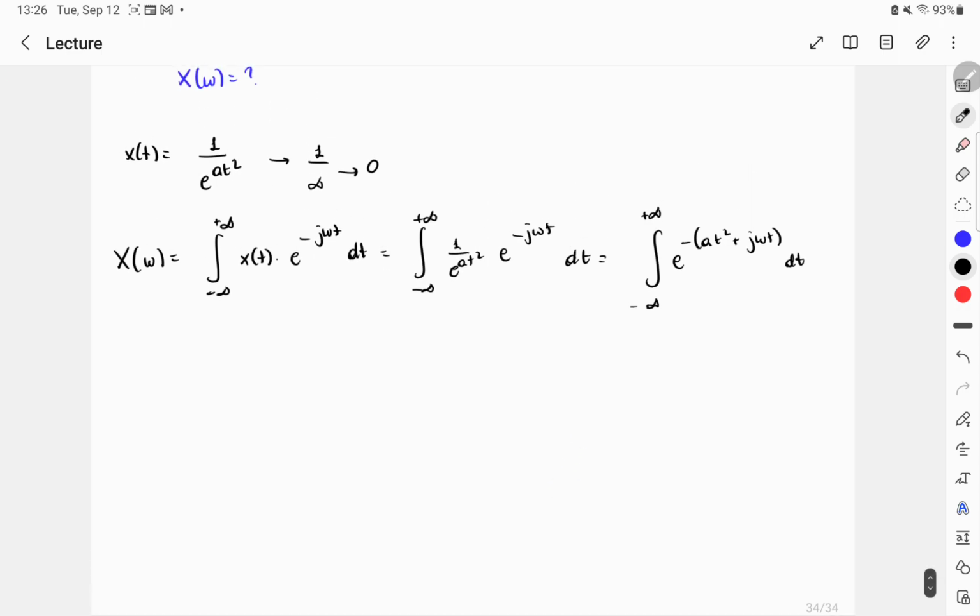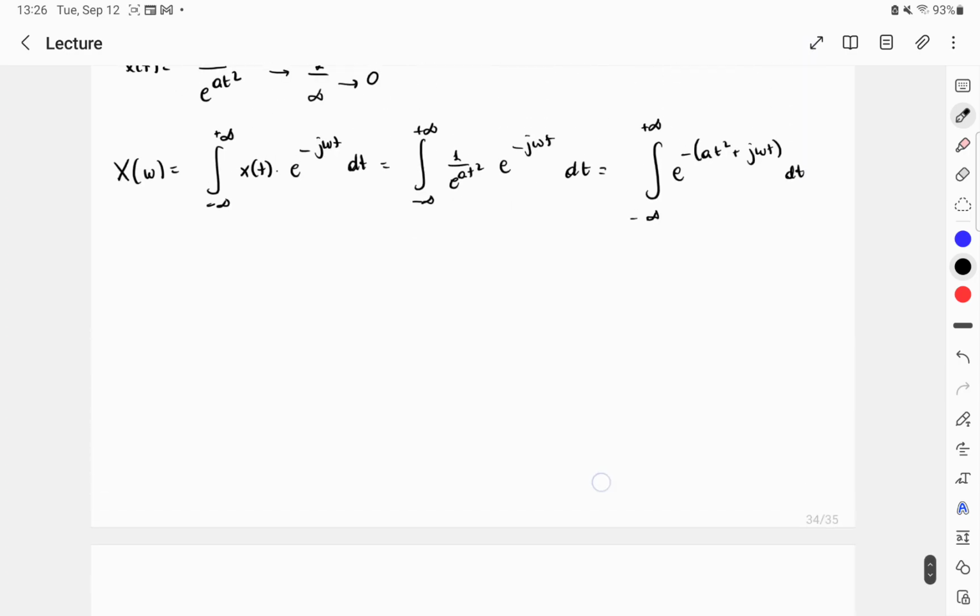So how are we going to solve this? Now let me remind you of an integral that we can make this similar to in order to solve it. If it were 1 over the square root of pi, integral from minus infinity to infinity of e to the minus t squared dt, equals 1.